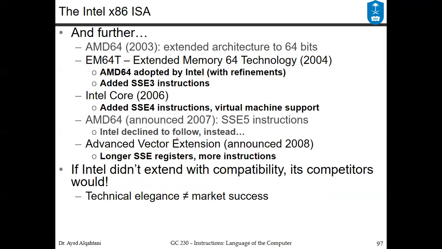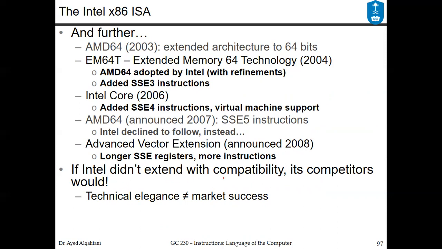And then Intel declined to follow, and there were certain problems here. And then they did the advanced vector extension, which was announced in 2007, 2008. If Intel didn't extend with compatibility, its competitor would do that, and they would win.